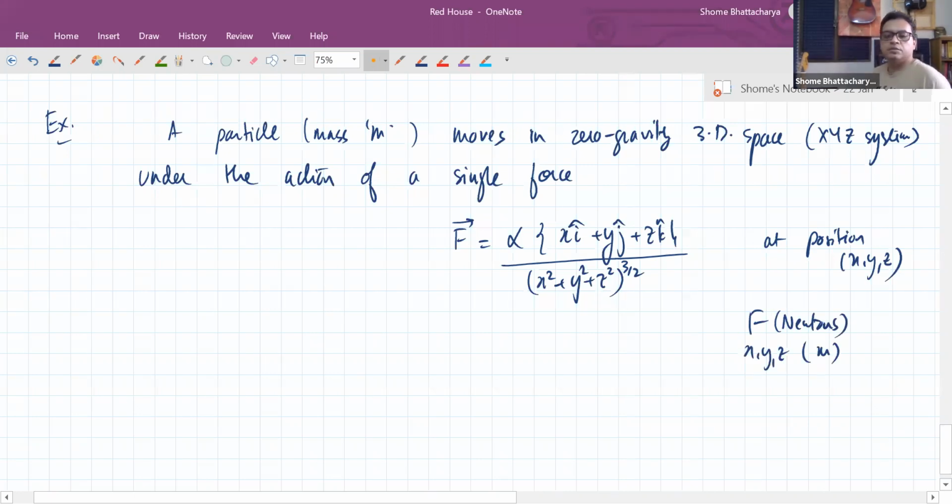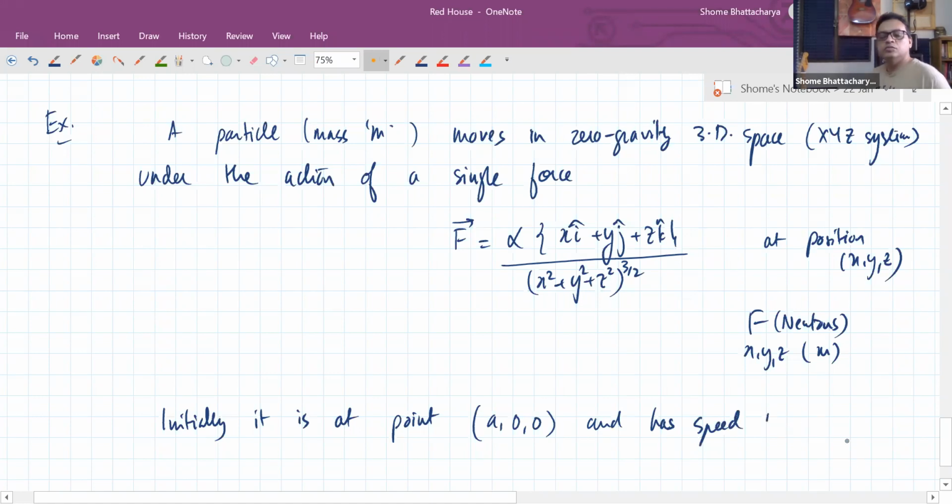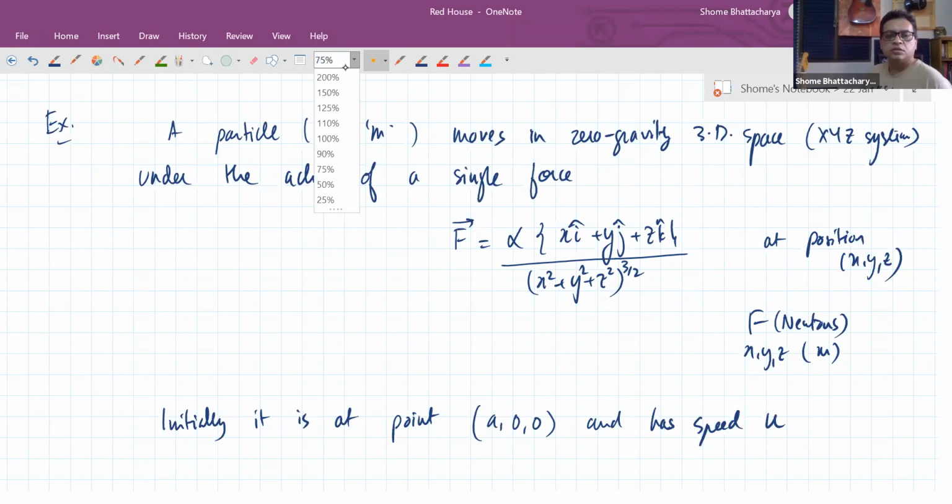This kind of function. Now, initially, it is at the point A, 0, 0 and has speed u.